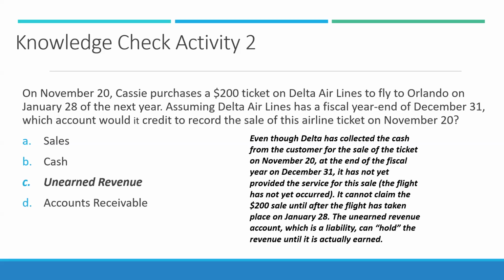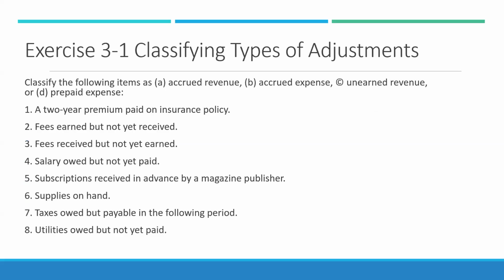How about this one, guys? Classify the following items as accrued revenue, accrued expense, unearned revenue, or prepaid expense. Let's do the first one. A 2-year premium paid on an insurance policy. That is a prepaid expense. Get it? It's an asset. We're paying 2 years of an insurance policy. That gives us a resource of insurance for 2 years, doesn't it?